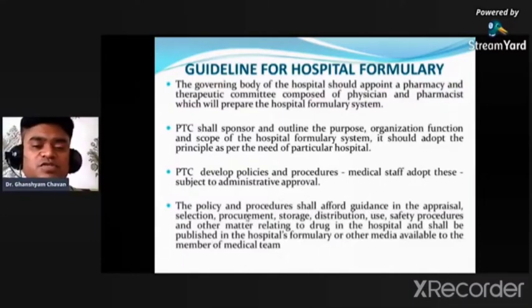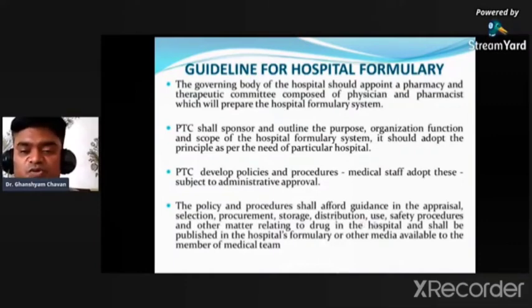The policy and procedure shall afford guidance in appraisal, meaning their development, appraisal, after that selection of whatever drugs they will select, after that procurement, and storage conditions need to be considered. For different drugs we have different types of storage conditions which we need to fulfill.